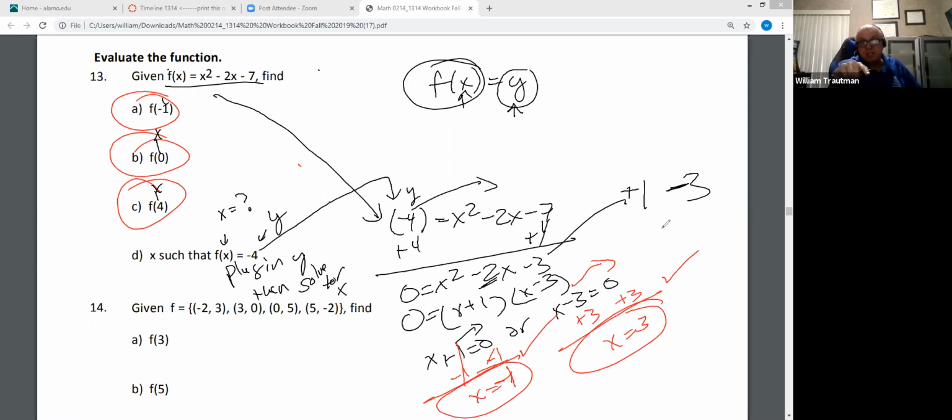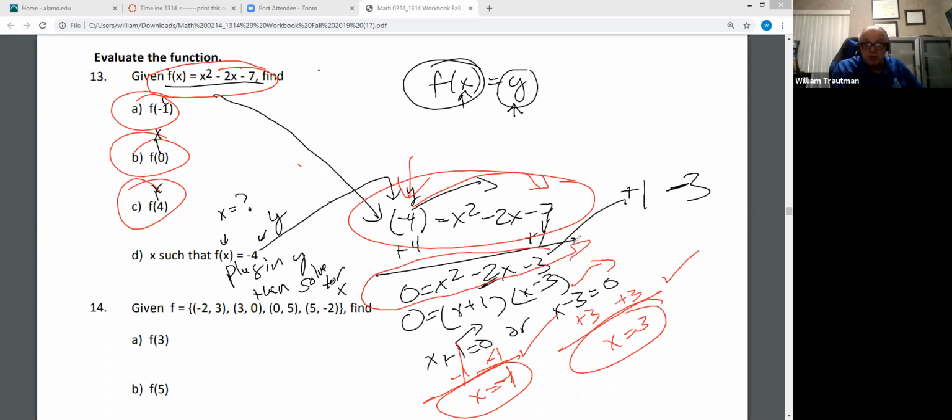That's why I said that's a tough one, because you have to plug it into the original function. We plugged it into the y value, and then you have to take it over. You get this, factor it. We factored it and got this. Use the zero multiplication rule. X plus 1 equals 0, x minus 3 equals 0. Solve for x, and we have two answers.